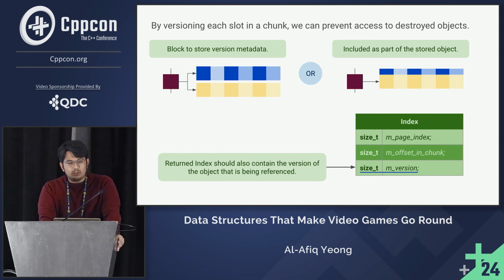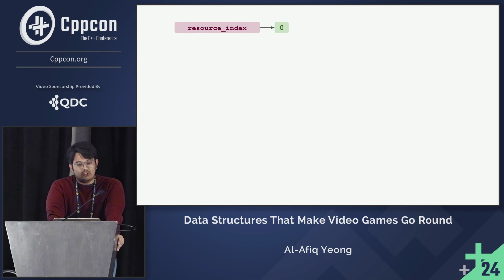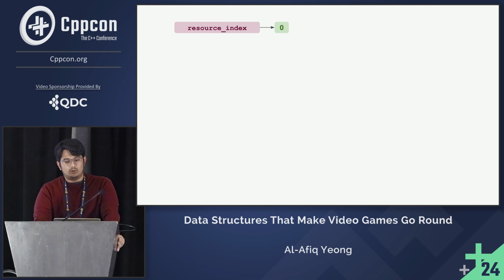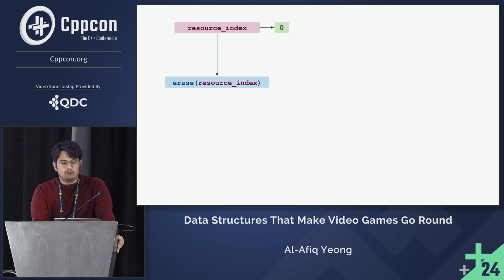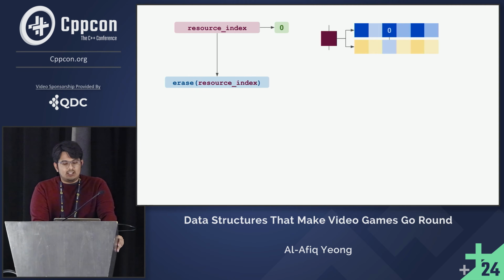And the way including a version into our index solves our problem is this. We have an index to some resource that has some version assigned to it. In this situation, it's 0. The system that holds the index no longer needs the resource, so we remove it from the container. It identifies where the resource lives in the container, destroys it, and increments the version counter in the container by 1.